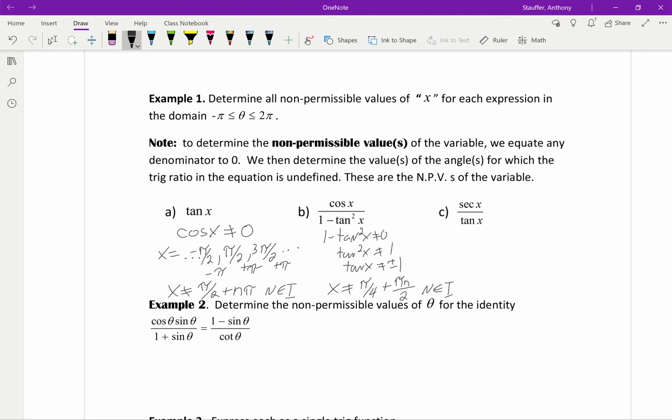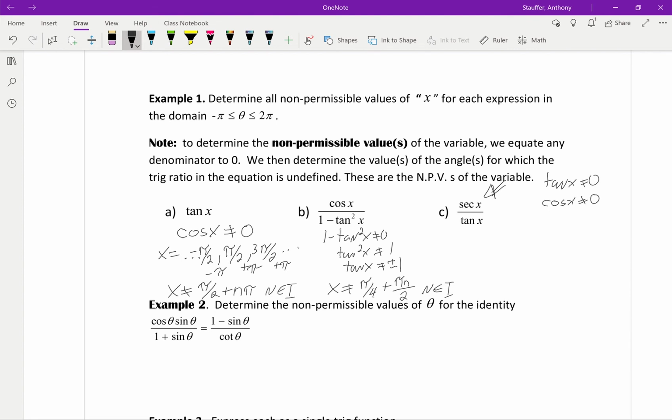Now, for my next one, where we have sec x over tan x. This one actually comes loaded with quite a bit. So I'd have that tan x cannot equal 0. As well, for my sec, it would come with the fact that cos x cannot equal 0.